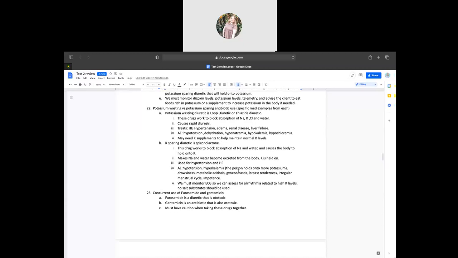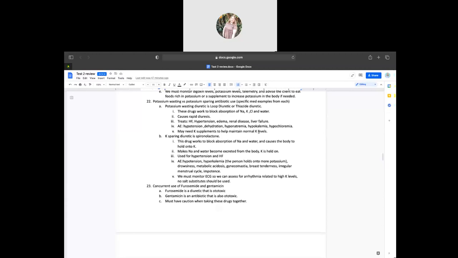Now we're going to go ahead and distinguish our potassium wasting and potassium sparing diuretic use. Okay. So, first we're going to talk about potassium wasting diuretics. So our potassium wasting diuretics are going to be our loop or thiazide diuretics.